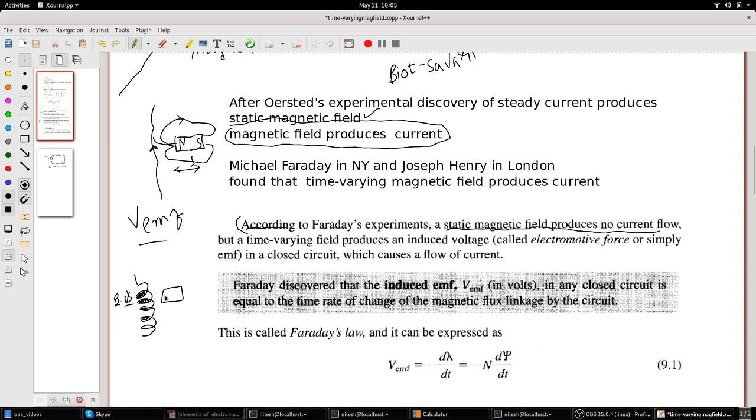Now, because I am moving this magnet, let's say horizontally, this flux will keep on changing. The rate of change of magnetic flux in this closed circuit is directly proportional to the induced EMF. That is what Faraday's law is.